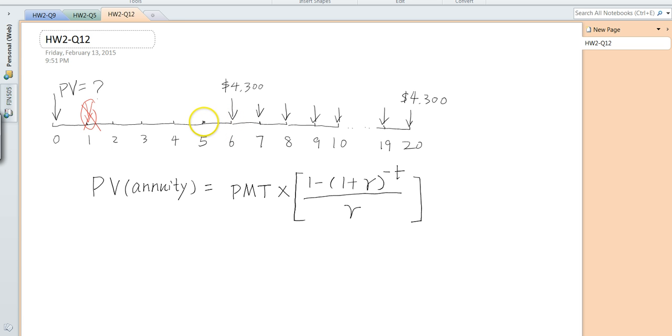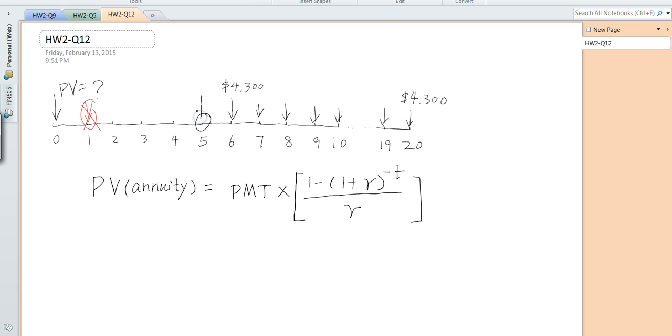But we can move our baseline year. We can move the baseline year to be year 5. Hence, relative to year 5, year 6 becomes the end of the year.